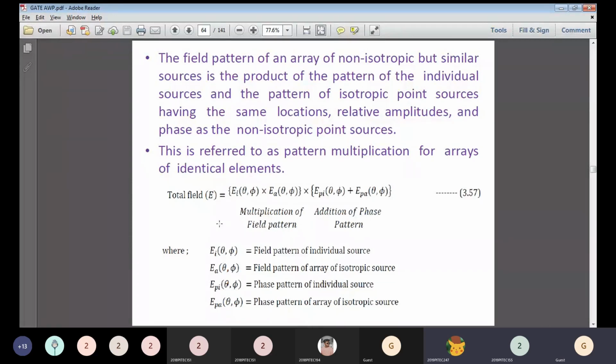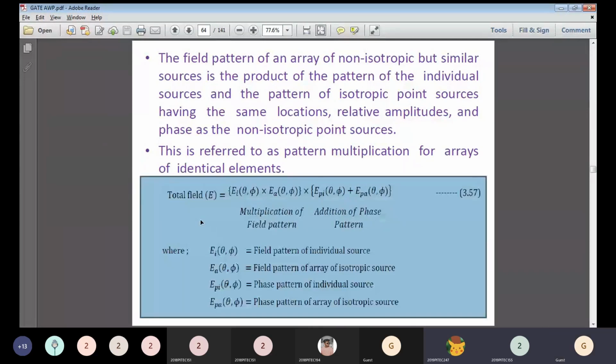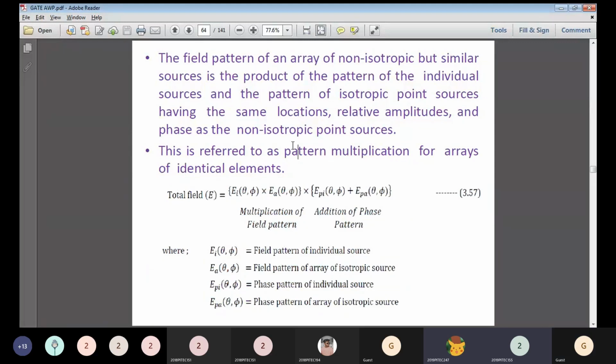Please remember this formula. With its help, you can identify E(theta, phi), the field pattern of the individual source, and E(theta, phi), the field pattern of the array of isotropic sources. Next, EP(theta, phi) is the phase pattern of the individual source, and EP(theta, phi) is the phase pattern of the array of isotropic sources.